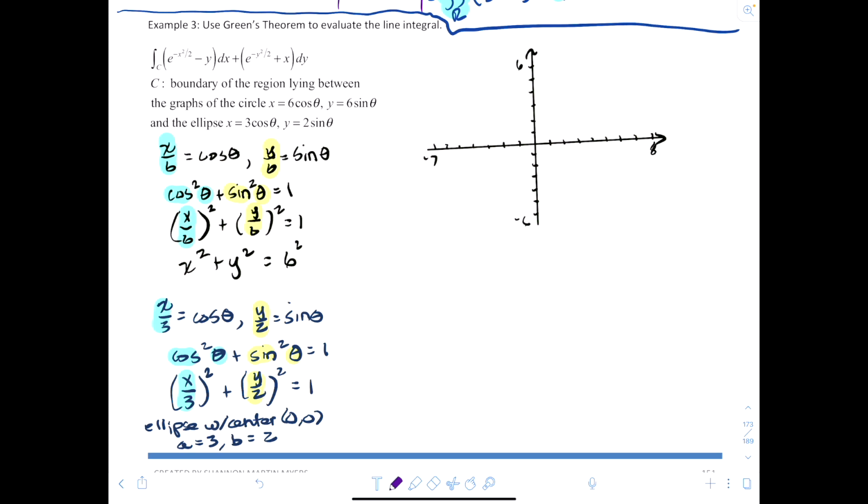So the circle here, if theta is 0, then we'll have the ordered pair 6, 0. If theta is pi over 2, then we'll have 0, 6. So we can see our orientation going like this. So this is our circle.